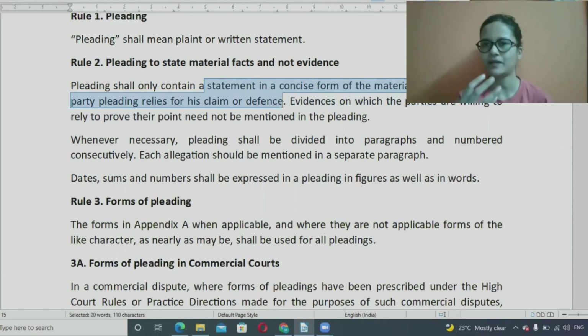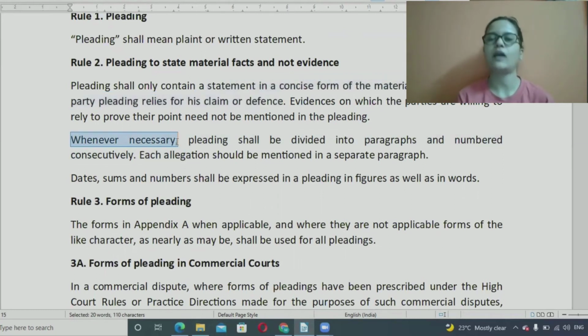Whatever relief I am claiming, based on what reason I am claiming it, what is my cause of action, that I will mention in a proper way with all the material facts. Evidences on which the parties are willing to rely to prove their point need not be mentioned in the pleading, because there will be a time when I will get the opportunity of producing those evidences establishing my point. Now, I just want to give an idea to the court on what has happened.